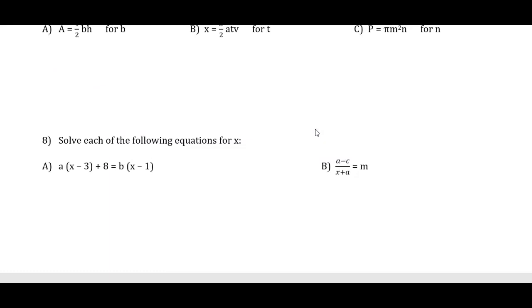And then 8 is also a literal equation. And this time we're solving for x, but we have a's and b's. The first thing I would do is distribute. And then I would do what we would do if A and B were numbers. I would get the x's on one side and the numbers on the other.